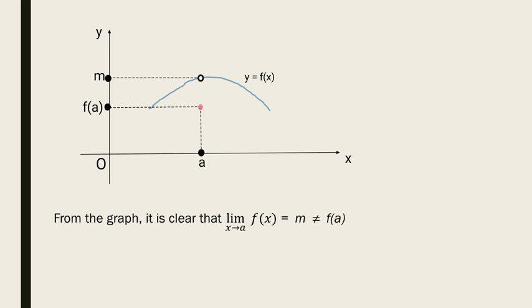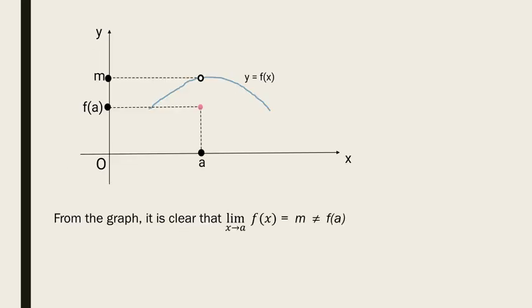So the function has which kind of discontinuity? Isolated point discontinuity. If f of x has isolated type discontinuity at a, you have to understand one thing here. Isolated means what? The graph is situated isolatedly at a.